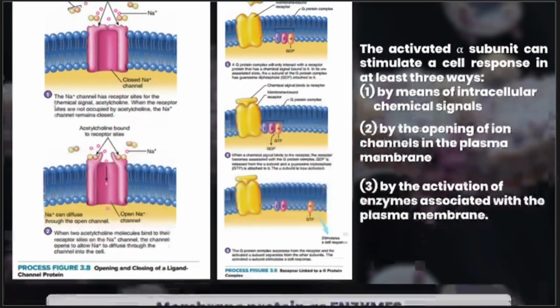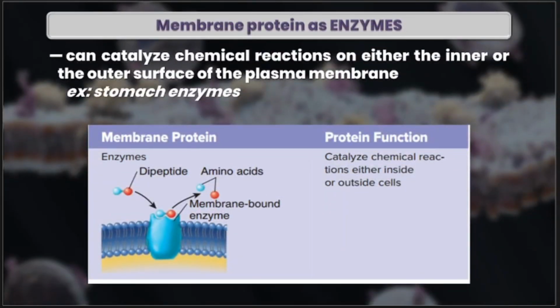Lastly, we also have your membranes as enzymes. When we say enzymes, enzymes actually play various roles in the body. Your membrane-associated enzymes will catalyze chemical reactions at the cell surface.